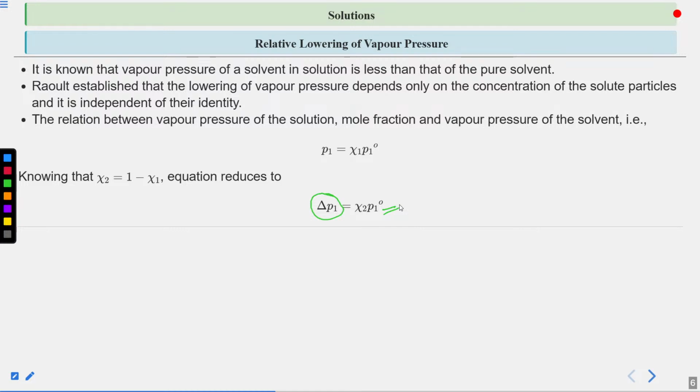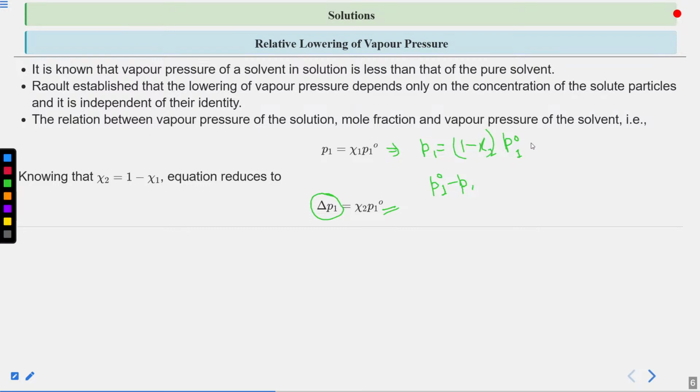Okay. So we can write the change in P1. If you just put these values here, you will get delta P1, which is equal to P naught 1 minus P1. This is just a calculation that we have done from here. So P1 is equal to 1 minus chi2 times P naught 1.